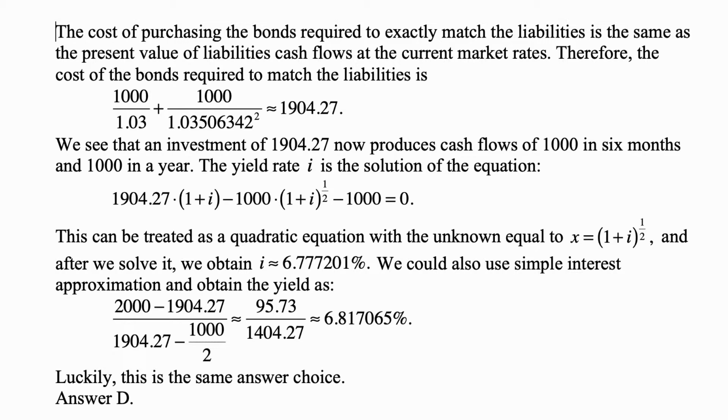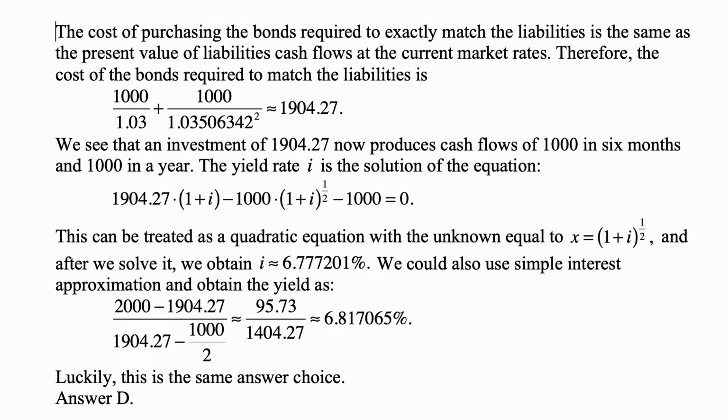The gain that we have is 1,000 plus 1,000, so 2,000 is the total payment, and the cost is 1904.27, so the difference of the two is the gain, the interest on the amount invested, and that's 95.73.